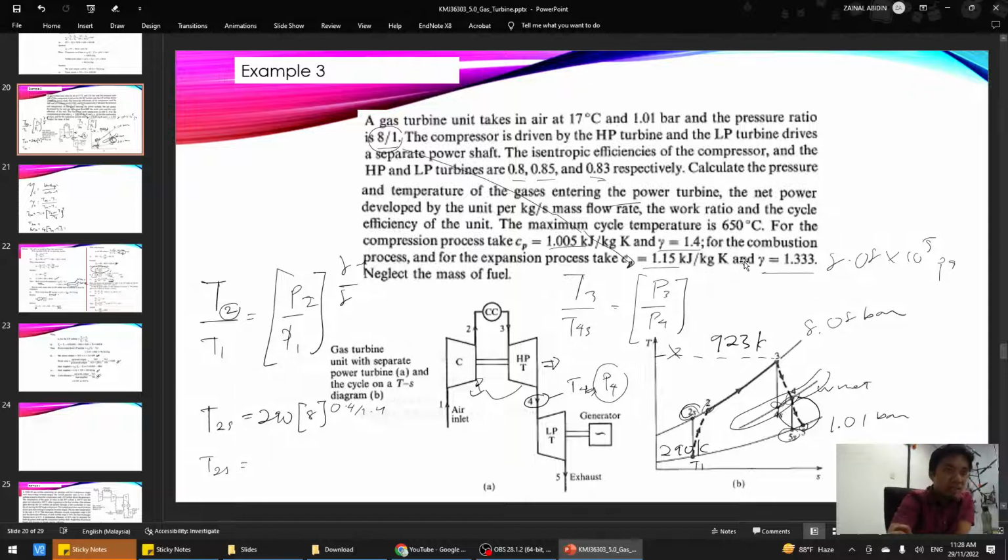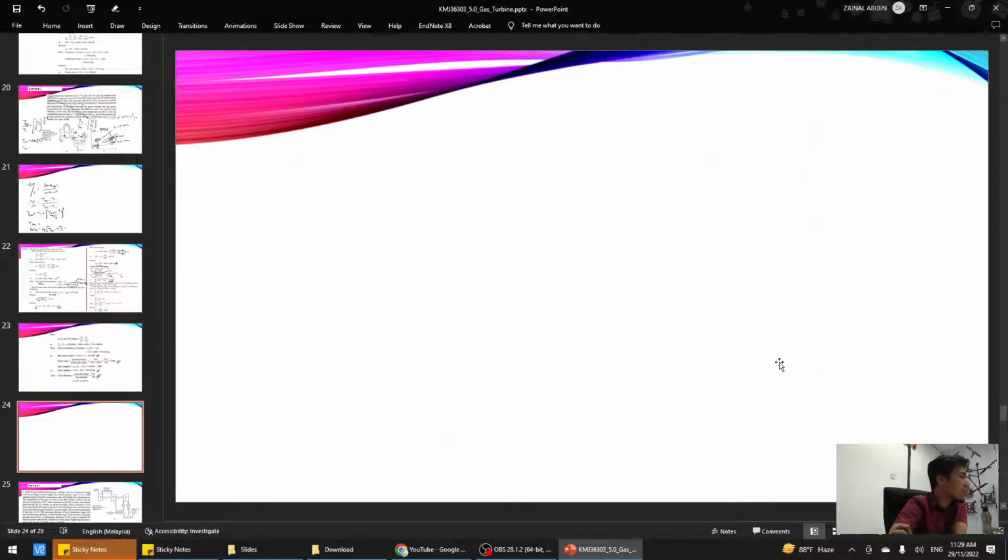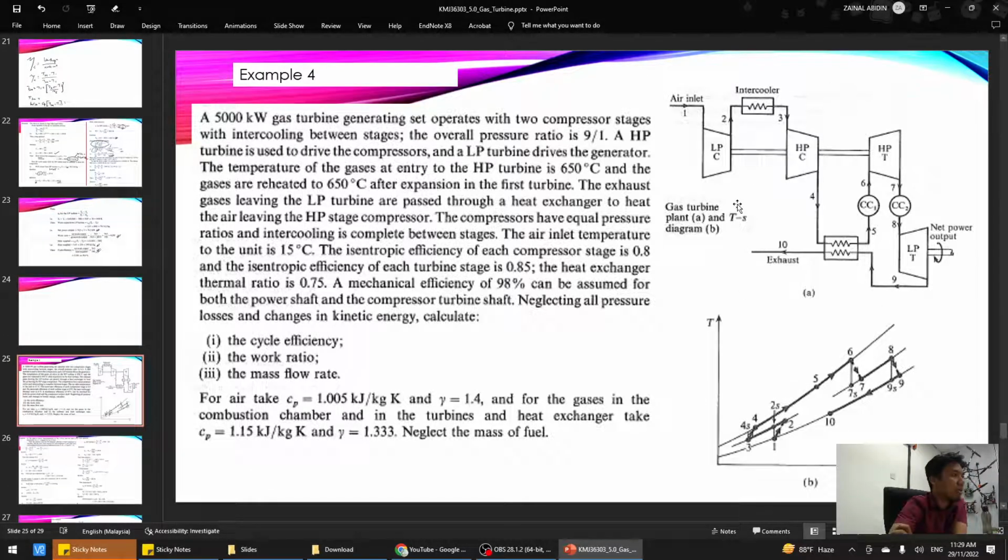Once your TS diagram is correct, you need to find the temperature. Always find the temperature from the compressor and move on to the turbine side, which is one stage or two stages. Kalau awak lihat untuk soalan nombor 4 di sini, dia ada dua kompresor, satu low pressure kompresor, ada high pressure kompresor.